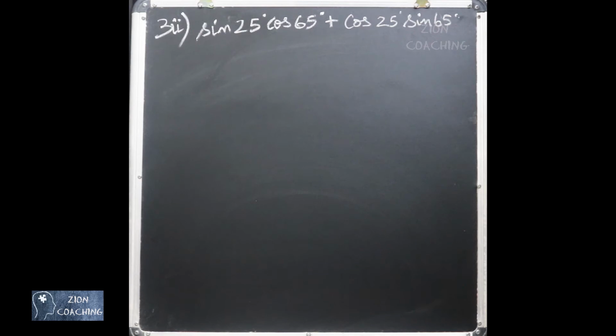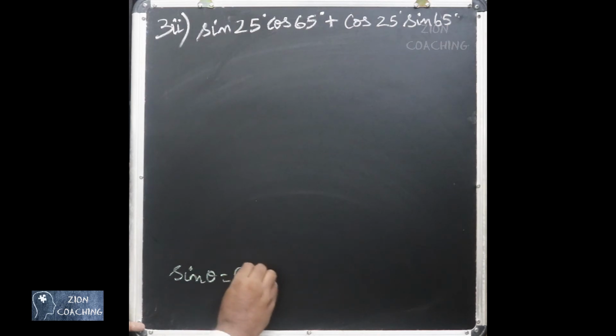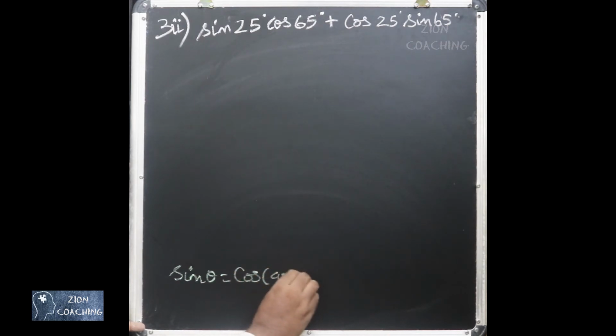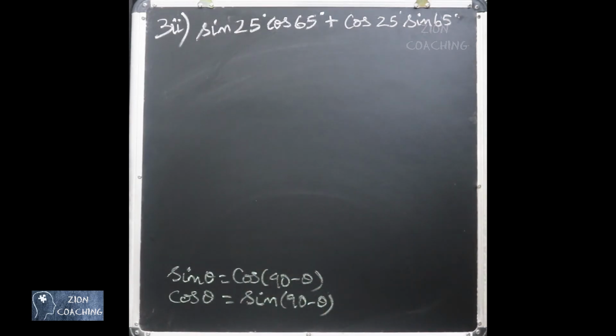Now second subdivision, we have sin 25 degree cos 65 degree plus cos 25 degree sin 65 degree. We have the formulas sin theta equal to cos 90 minus theta, cos theta is equal to sin 90 minus theta. We are going to use the formulas there.